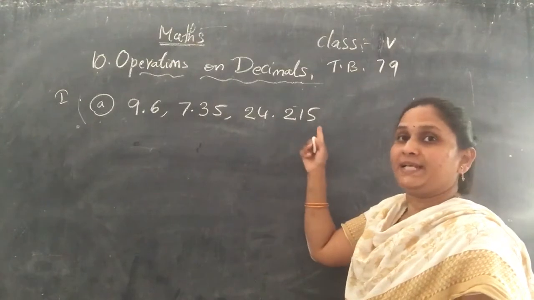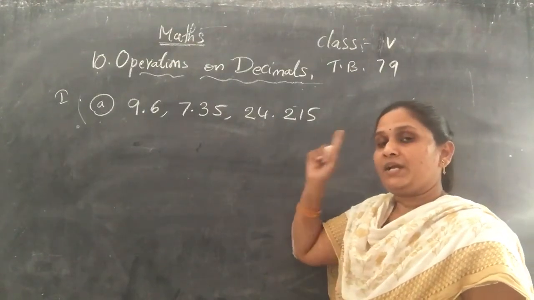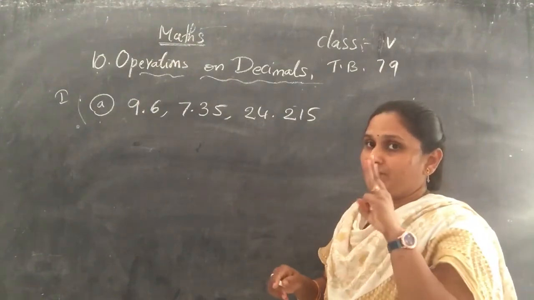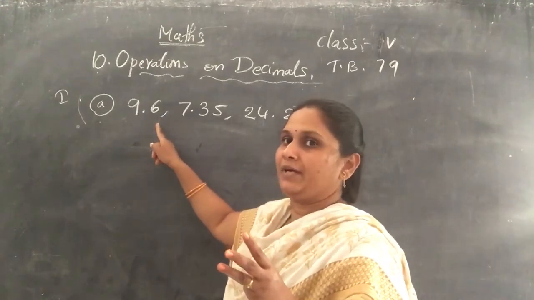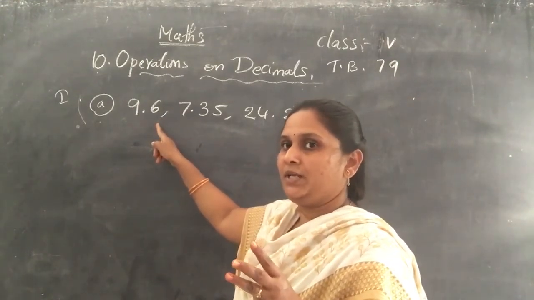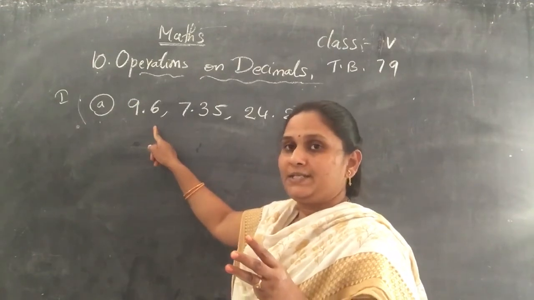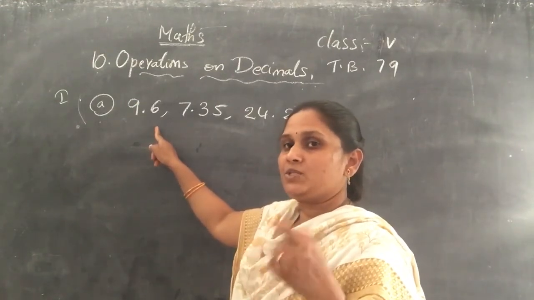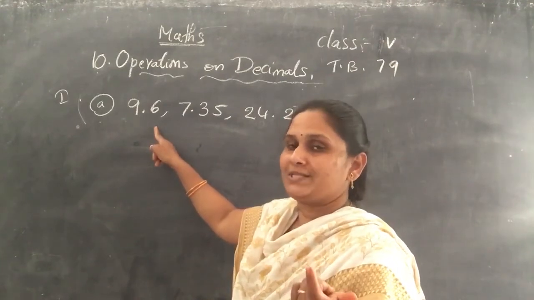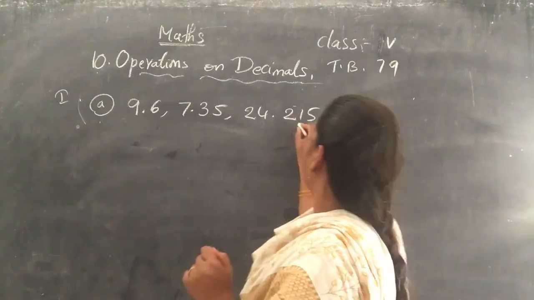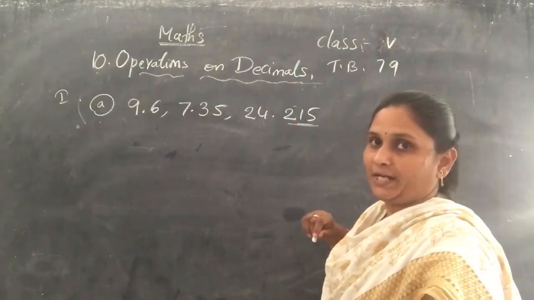As you have 1 digit only, to make it 3, after the 6 we have to write 2 zeros. Here we can use zeros to make it equal to the largest decimal part.